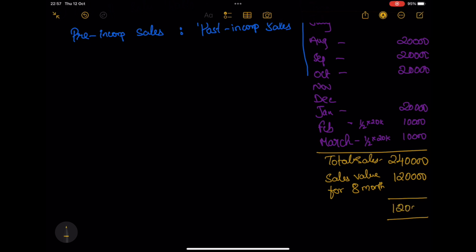The answer will be 1,20,000. This is the value for 4 months. So we can consider this as sales for the remaining 4 months.